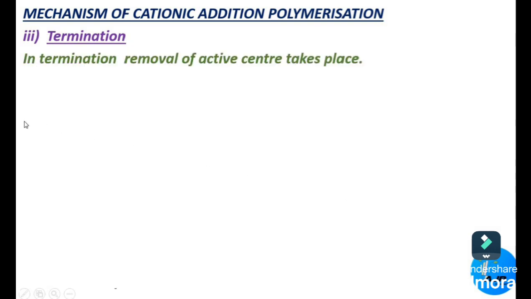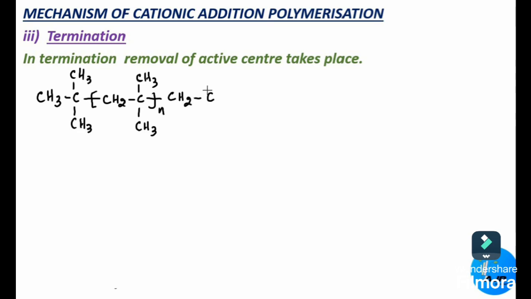Okay. So the final one is the termination. Actually, in the case of termination, removal of active centers takes place. Okay. So let me write the polymer carbonium ion now. So this is the polymer carbonium ion that is formed with the propagation step of this cationic addition polymerization.